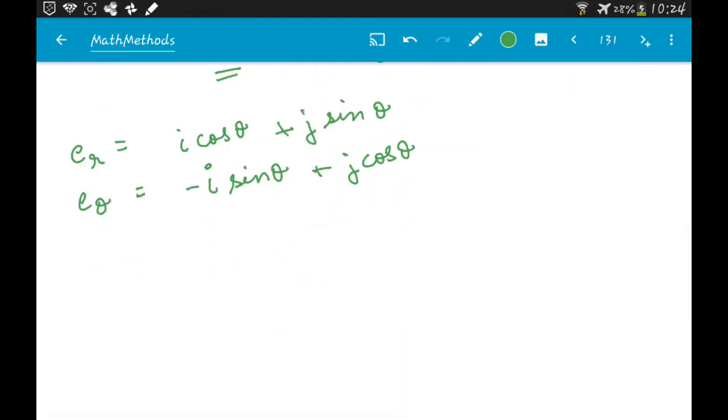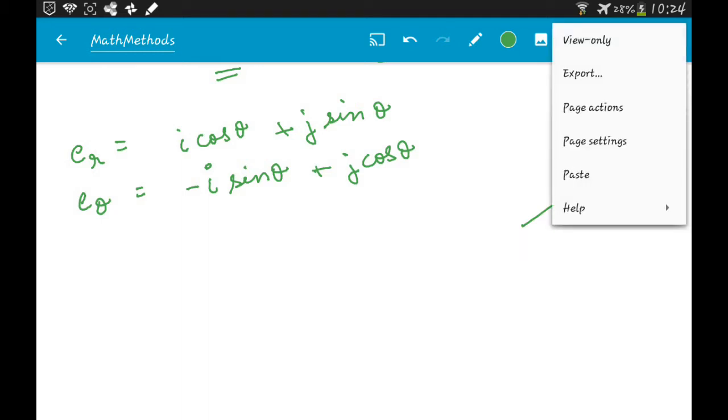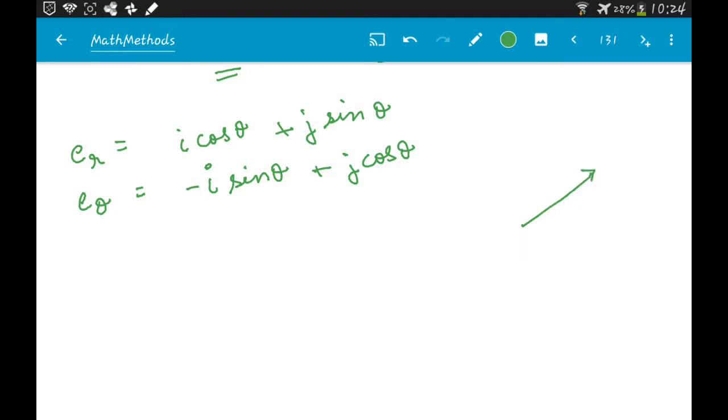So let's look at the diagram again. So we had ER and we had E theta. Right, this was our ER, this was our E theta. This is our plus i direction and this angle was theta.